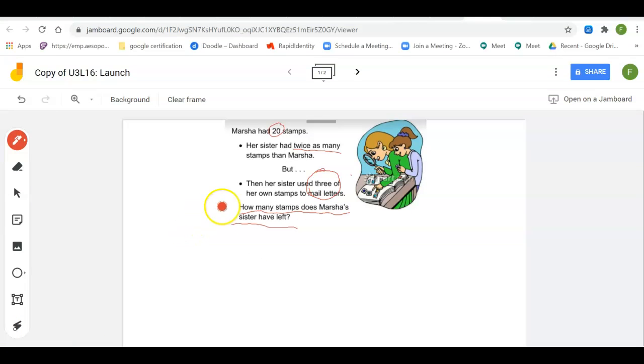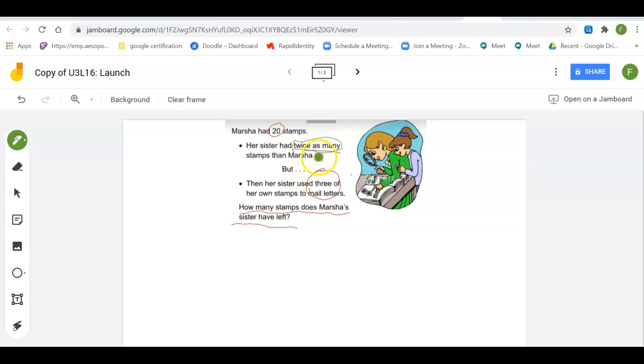So for this problem, I've gone ahead and done my math on it. I've circled the key numbers. Marcia had 20 stamps. Then her sister used 3, so 20, and then 3 of her own stamps. And there are some key words in here. Her sister had twice as many stamps as Marcia did.